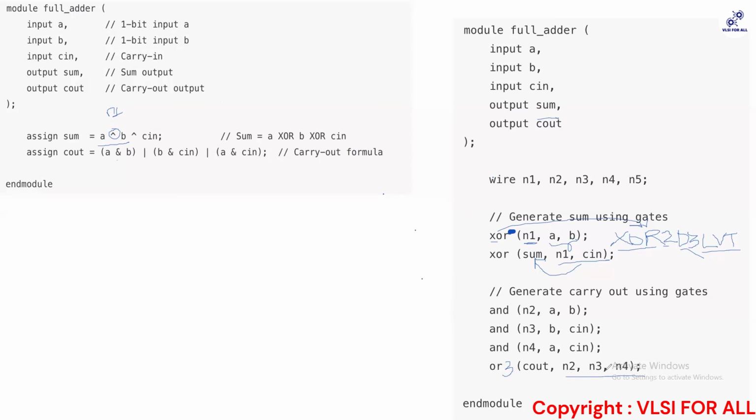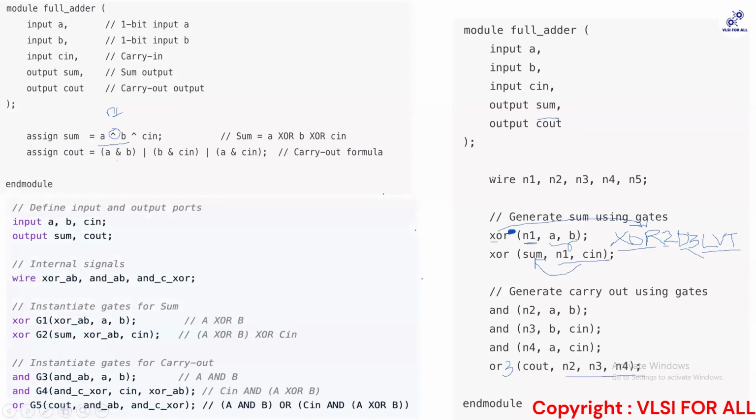So this is the way the tool has done its optimization and even mapped it. There is also a simpler way, right? For example, the tool can also generate an output with a lesser number of gates.